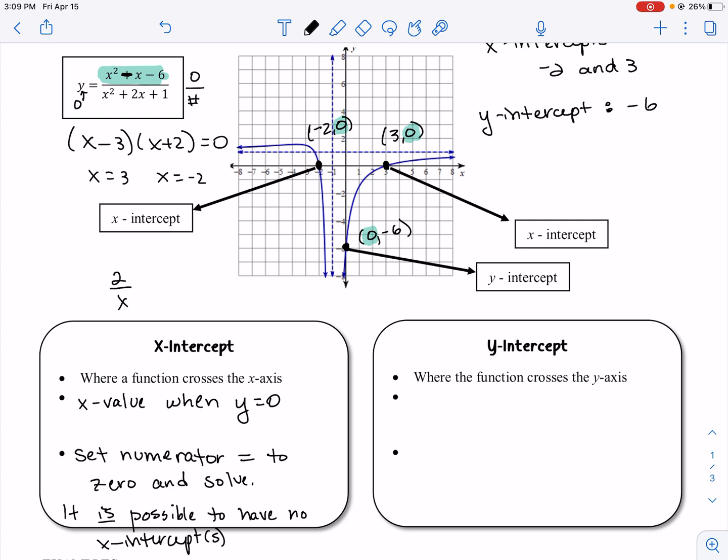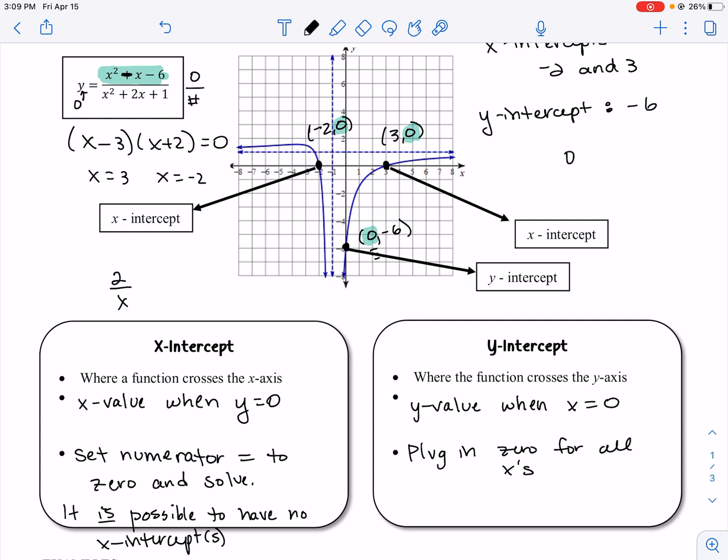On the y-intercept path, it's kind of the same idea. It's the y value when x equals 0. And to do that, you're going to plug in 0 for all x's, okay? I think the best way to do that is to plug it into the original and not the factored form.